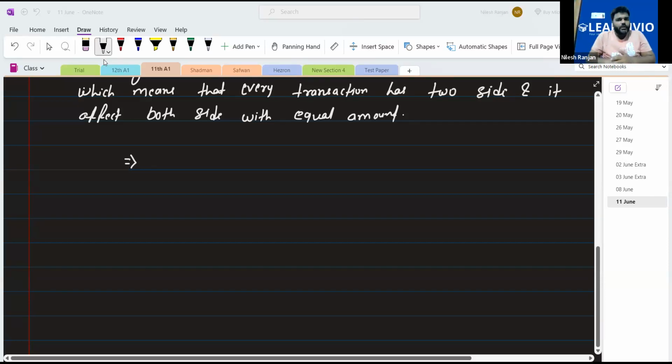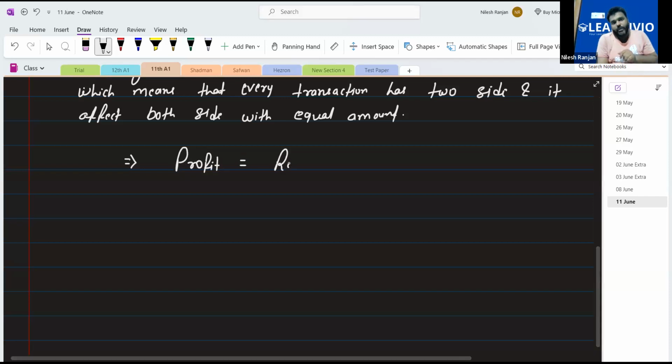So I'm saying that there are some other formulas, like we have written here, assets equals capital plus liabilities, but sometimes we need to find closing capital, we need to find the profit of the business. So if you need to calculate profit, then it will be revenue minus expenses.